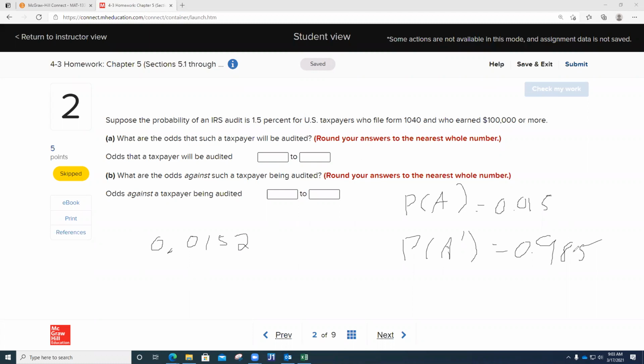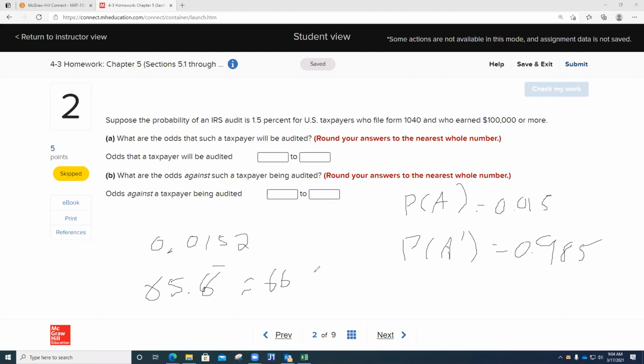Then the odds against being audited: we take 0.985 and divide it by 0.015, and we get 65.66 repeating. If I round this, it's approximately 66, because I'm going to round up, and we put it over 1.